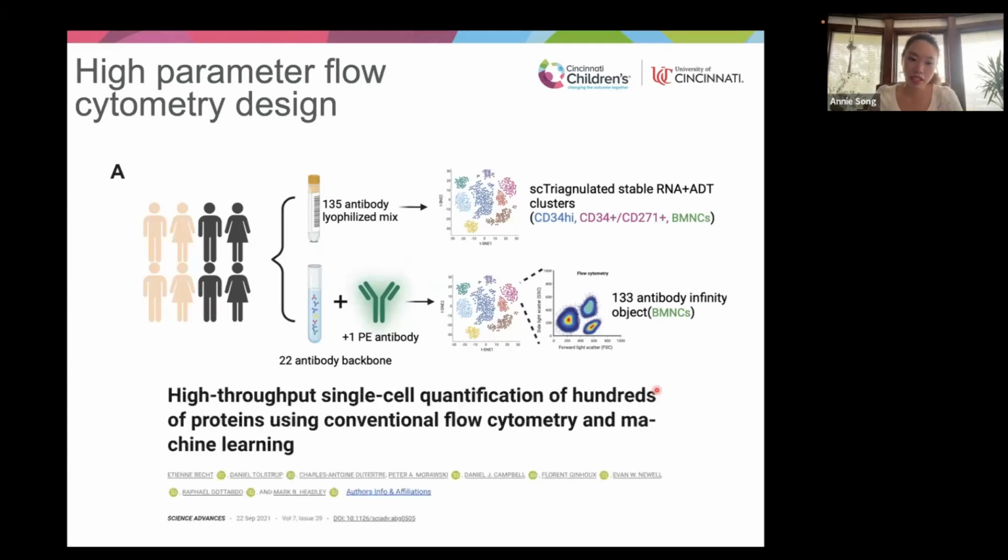We chose a tool called Infinity Flow, where you have a backbone panel and you put all the rest of the markers of interest on the same channel. So in every single tube, you'll have the backbone plus, for example, CD1 on PE. Then the next tube, you'll have backbone plus CD2 on PE, and so on and so forth, to achieve that imputation, where in the end you get this one, what we call an Infinity object, from all the antibodies of interest.